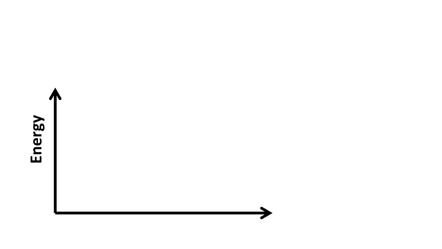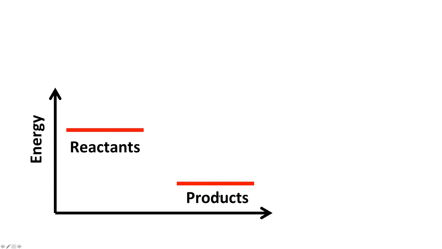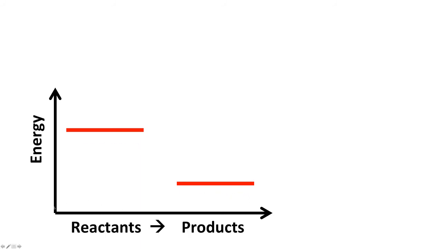Now, we often diagram this, show it pictorially. For example, if we graph energy on the y-axis, and initially we have some reactants with a certain amount of energy, and then the reaction takes place, and we have products at a lower energy, we often use the x-axis for progress of reaction, and so from left to right, we have reactants turning into products.